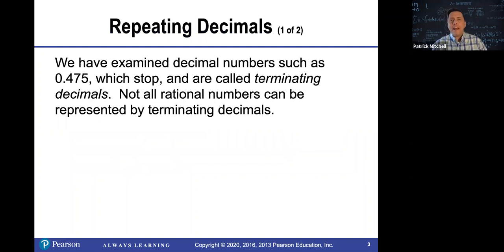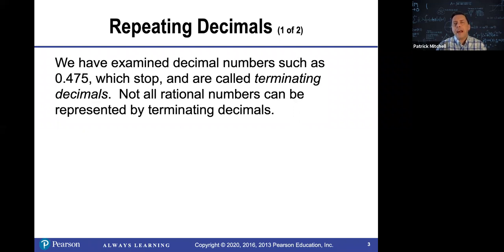So we have examined decimal numbers such as 475 thousandths, which stop and are called terminating decimals. Not all rational numbers can be represented by terminating decimals. So before we continue, I just want to remind you the way to tell whether a decimal will terminate is to look at its fraction form.